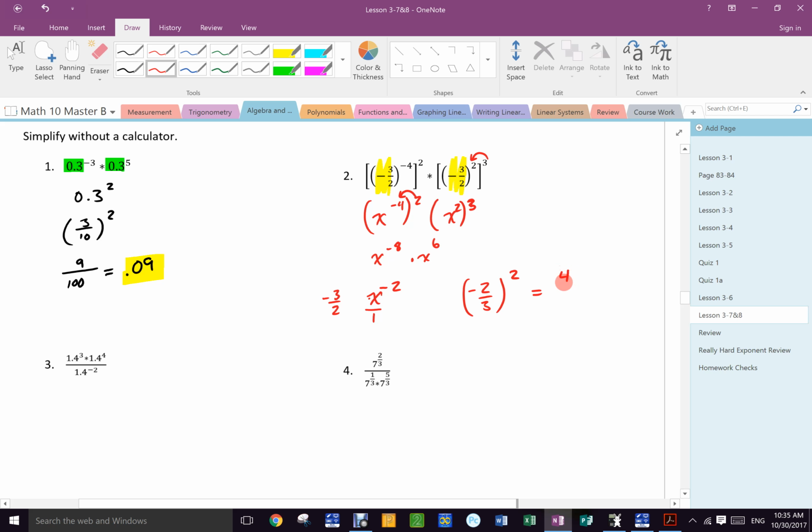Positive 4. And what's 3 squared? Oh no, 9. Did everybody see that handy little trick? Are you allowed to do that? Yes, because it makes your life easier.